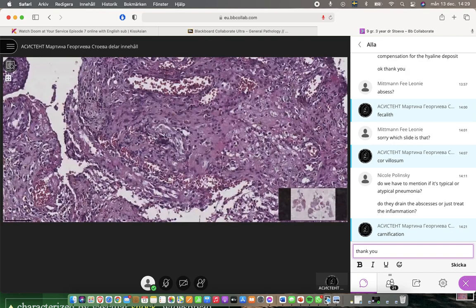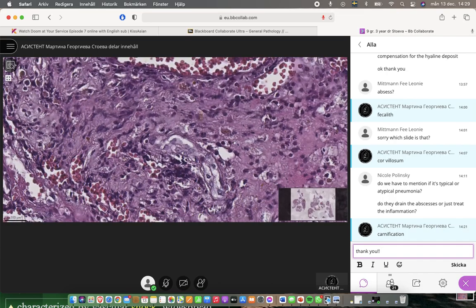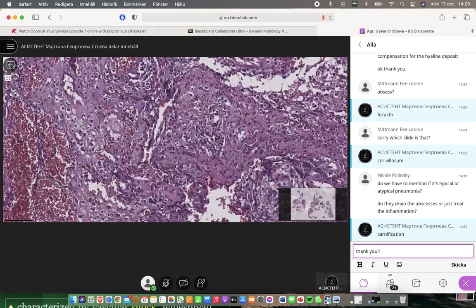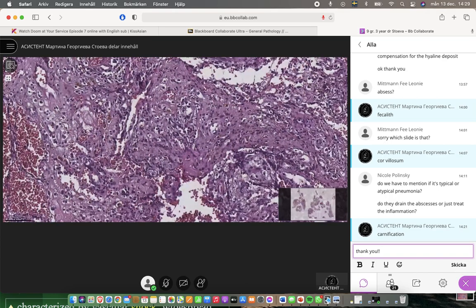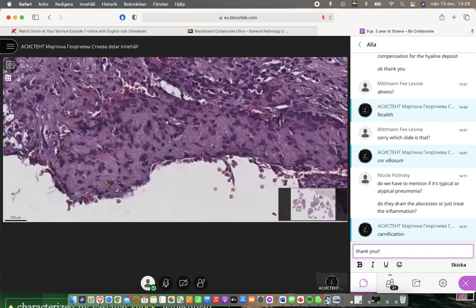These cells, spindle-shaped cells with elongated nuclei, are fibroblasts. Here again. Here again. Here too. These are fibroblasts.